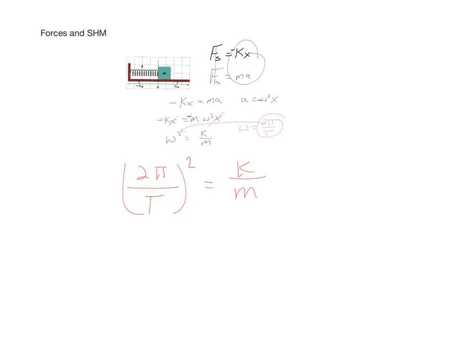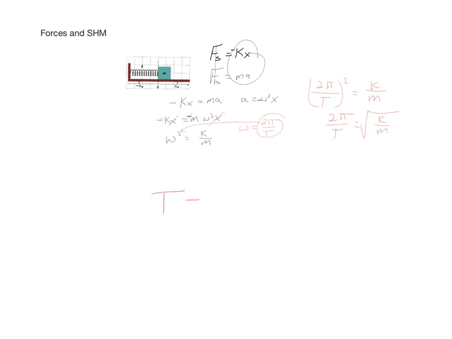If we want to solve for the period, we have to square root both sides, then flip everything and move 2 pi over to the other side as well. So that the period is equal to 2 pi times the square root of m over k. And again, k is that spring constant.